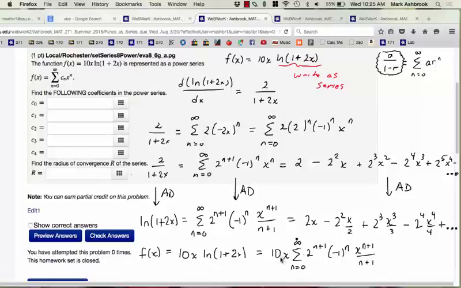Okay, so now we're going to have a 10 in there, and then what's going to happen to our power of x on every term? Instead of x to the n plus 1, we'll have not x squared. What does x to the n plus 1 mean?